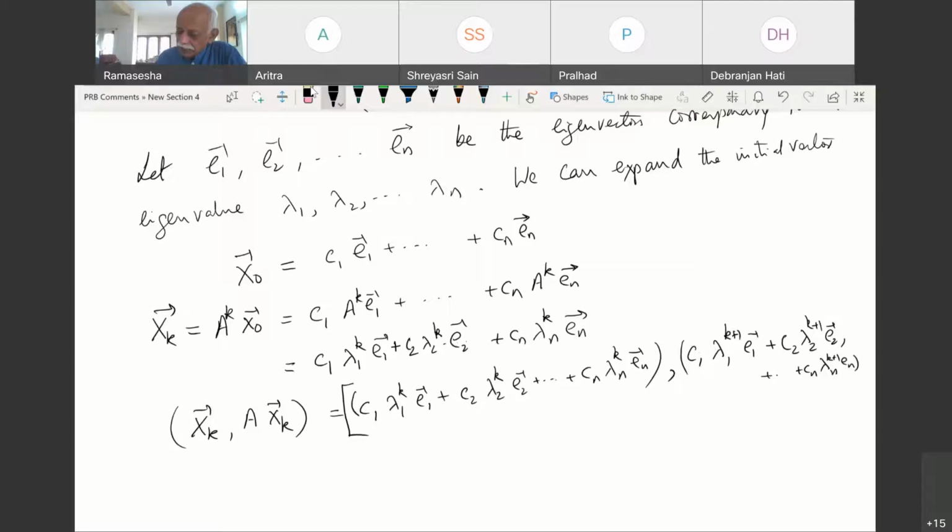Right? All I have done is use the fact that the inner product of ei and ej is always delta ij, as A is Hermitian.